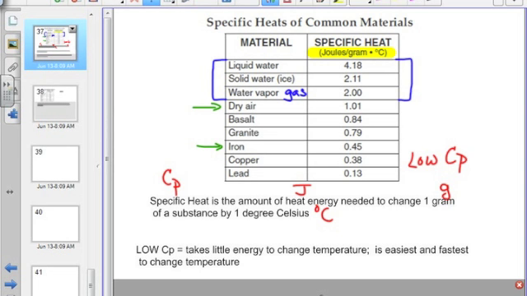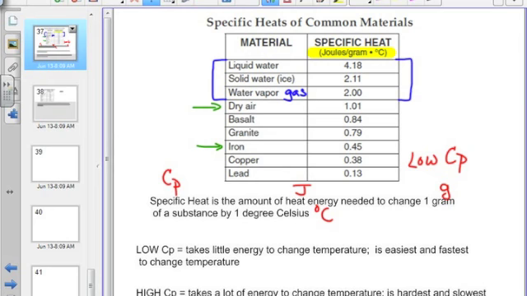Therefore, when the value of specific heat is so low, that's the easiest and the fastest material to change temperature in. Go up to the top of the table, where our numbers are much higher, all the way, matter of fact, to the top. Liquid water has the highest number that we see here on the table. That's 4.18 for its specific heat.